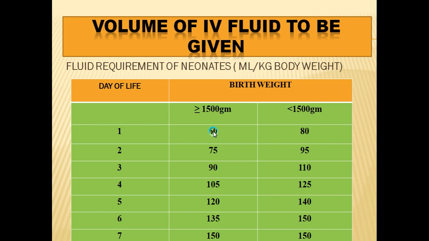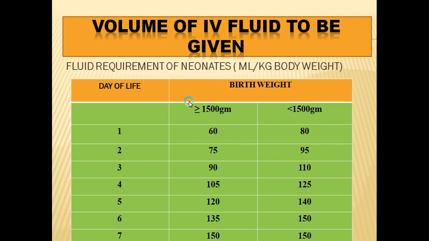What you see from this is that the amount of IV fluids is increasing day by day, and by day 7, whether the babies are less than 1500 or equal to or more than 1500 grams, the final amount is 150 ml. Gradually increments are there, every day a 15 ml increment.